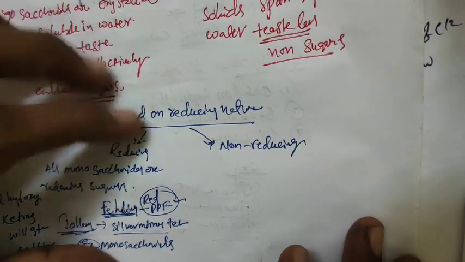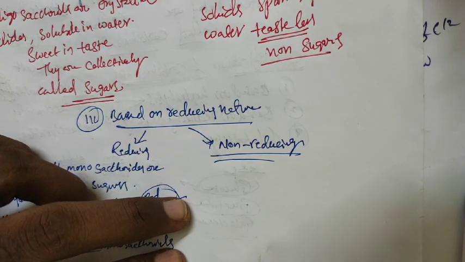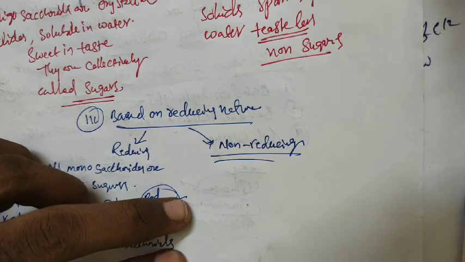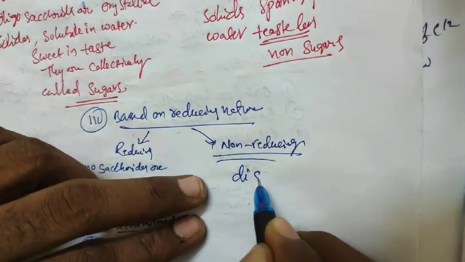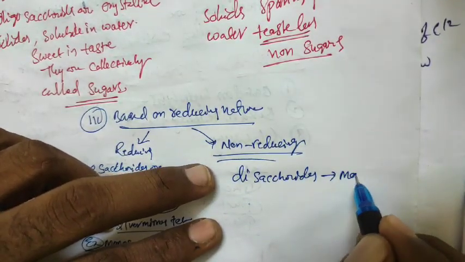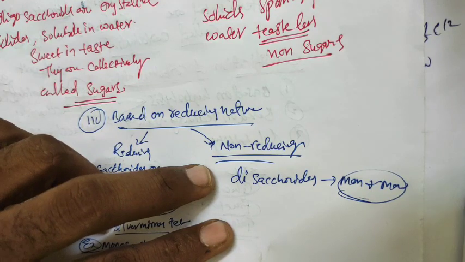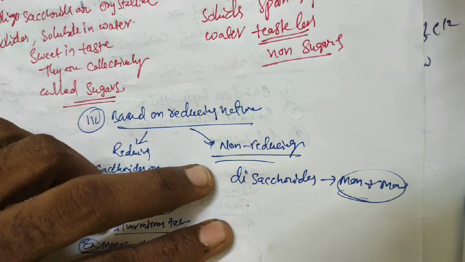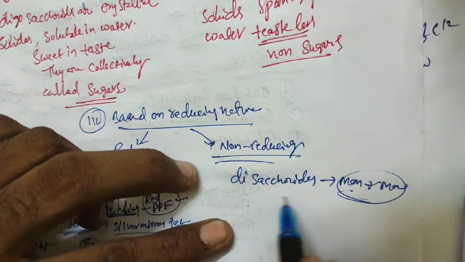All monosaccharides give a positive test. Very easy. Non-reducing means disaccharides. In disaccharides, the reducing groups of the monosaccharides, that is the aldehydic or ketonic groups, are bonded, so they are non-reducing sugars.